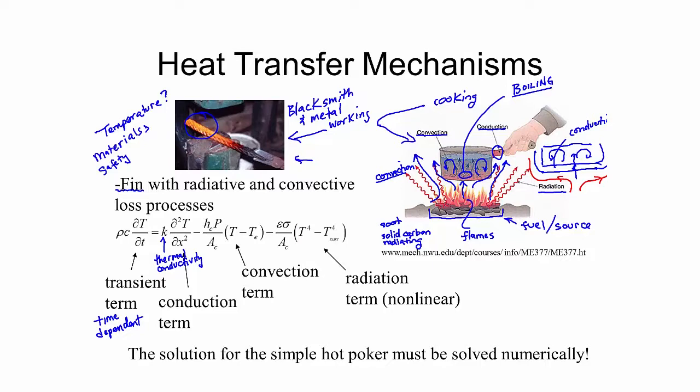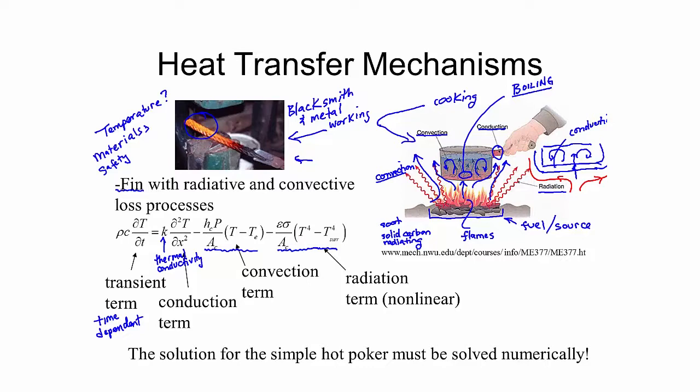We'll see that there's an empirical law called Newton's law of cooling that tells us how heat is transferred from a solid to a bulk fluid surrounding the solid, and that there is another law called the Stefan-Boltzmann law that takes into account how radiative heat is lost from a solid to the surroundings.